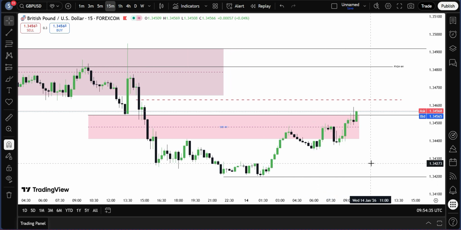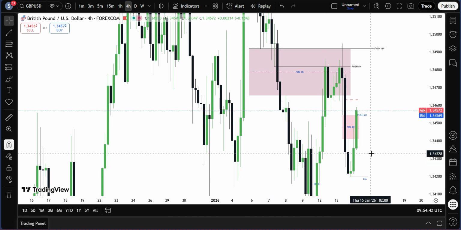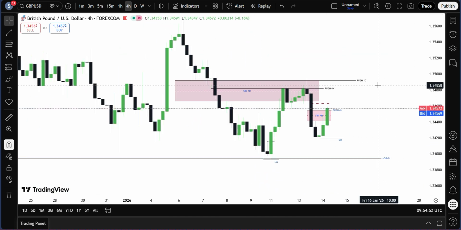In just about 6 minutes, we should be seeing the formation of the next 4-hourly candle. So from internal range, we expect to come down to external range, which is below this sell side liquidity over here.